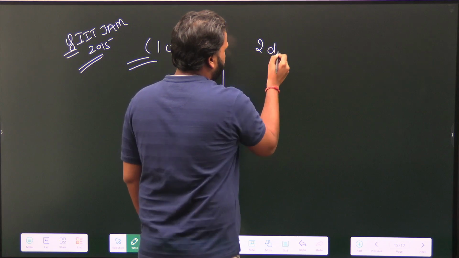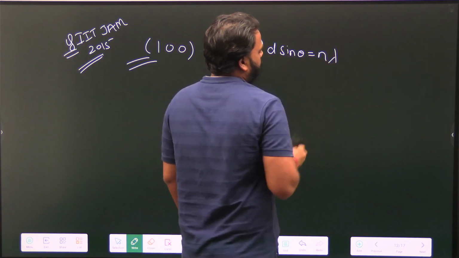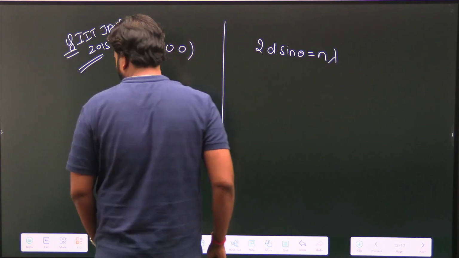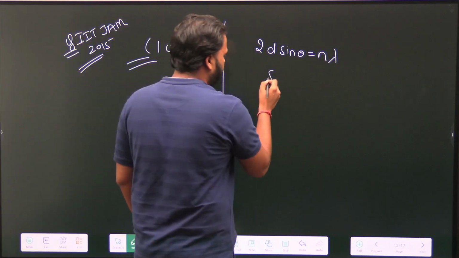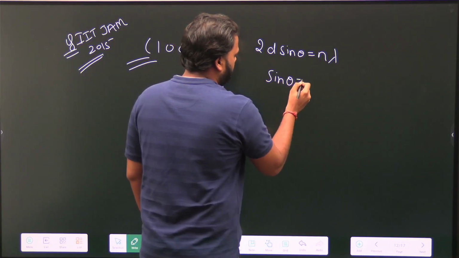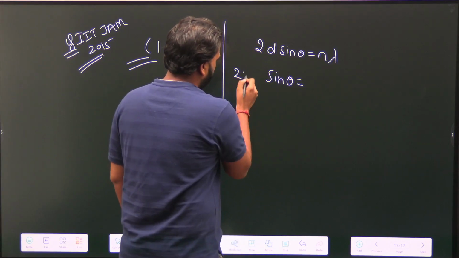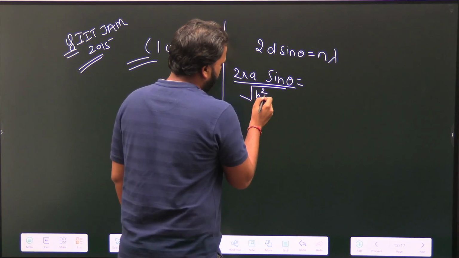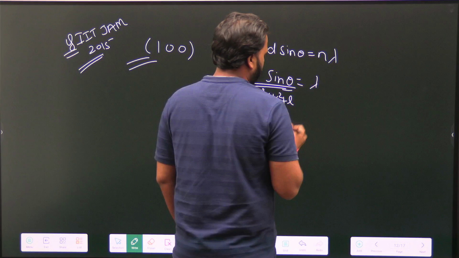It means that 2d sin theta is equal to n lambda, we know. They are saying about the first order peak, so the value of n will be equal to 1. So sin theta will be how much? It will be 2 into a upon root under h square plus k square plus l square is equal to lambda.